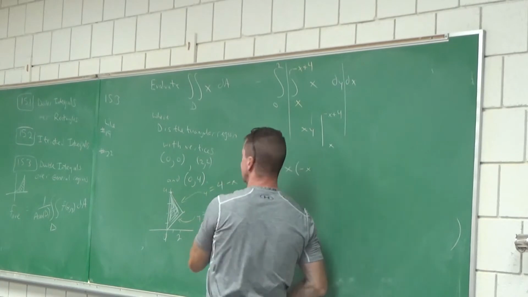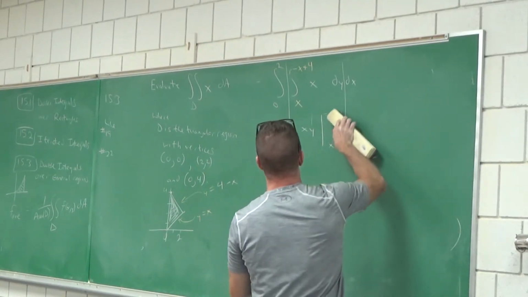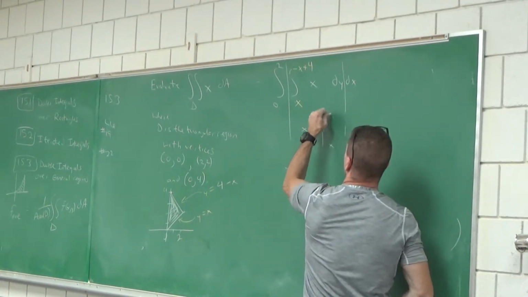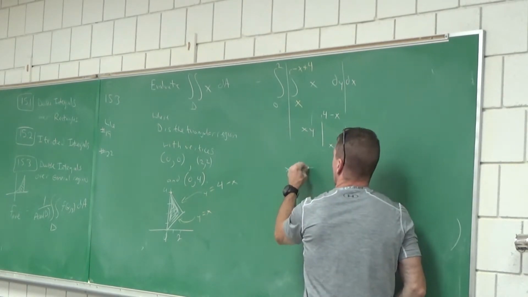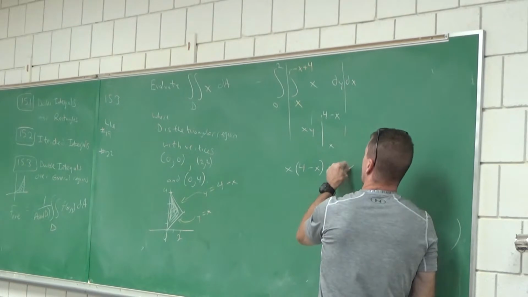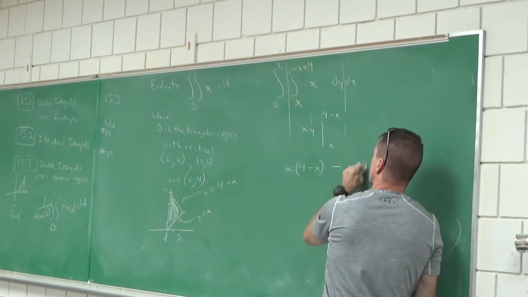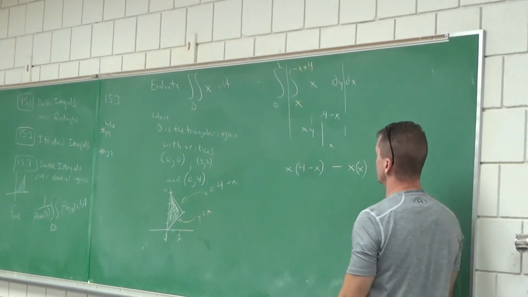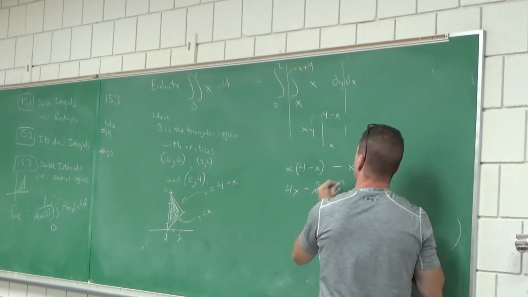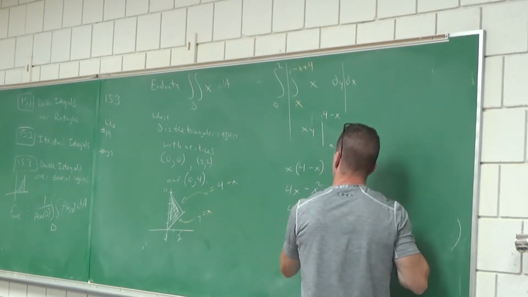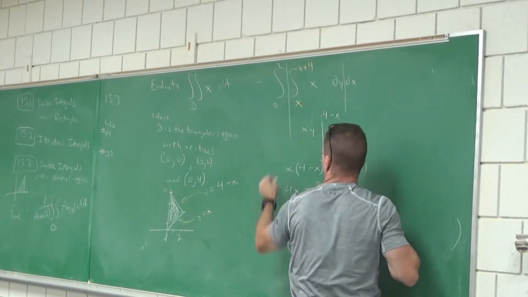It looks better too. I'm going to write it that way. When you substitute, it's x times 4 minus x, minus x times an x, right? Which becomes what? 4x minus x squared. And then carry this down.